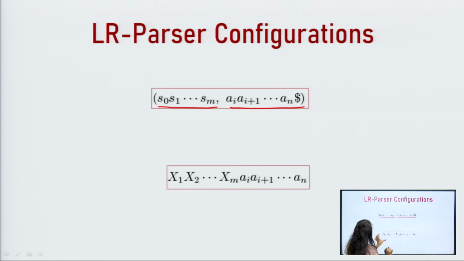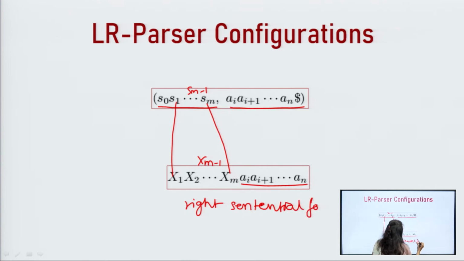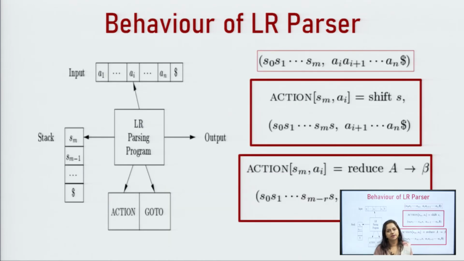If we map SM with grammar symbol XM, SM minus 1 with grammar symbol XM minus 1 and so on, down to S1 with X1, followed by the remaining input string from AI to AN, this will give us the right sentential form. And S0 does not represent any grammar symbol; rather it acts as a bottom of the stack marker.